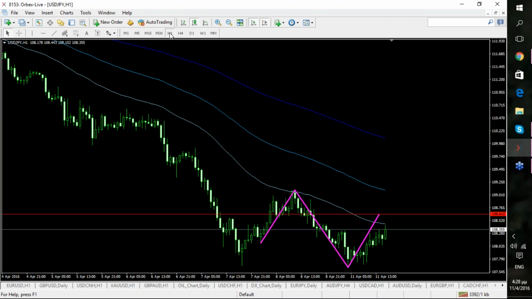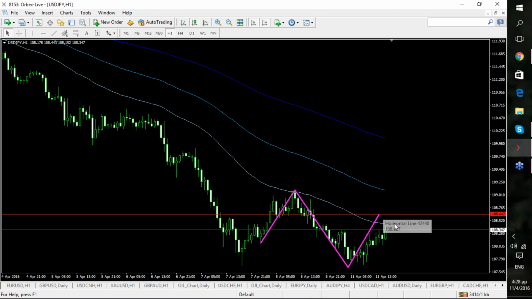Let's go back to the 1 hour chart. That actually is quite logical to think of it using the market's logic. Of course, if this were to be a Z-like pattern ending here, then we're expecting it to fall from that level of 108.64.